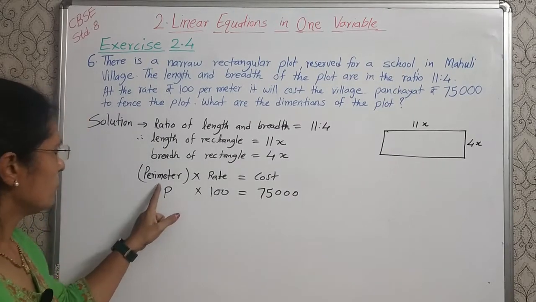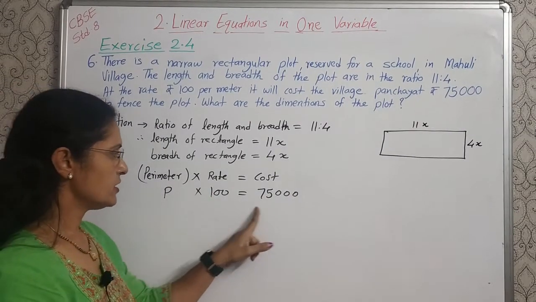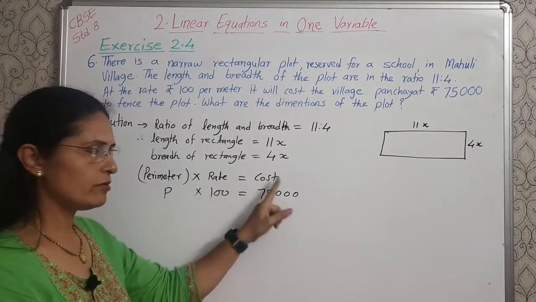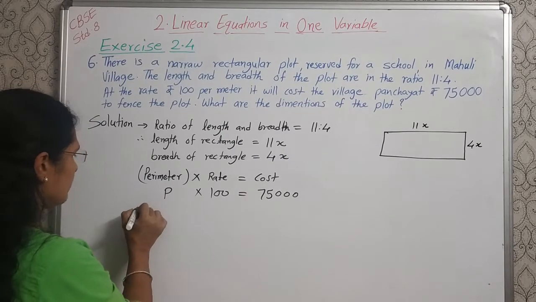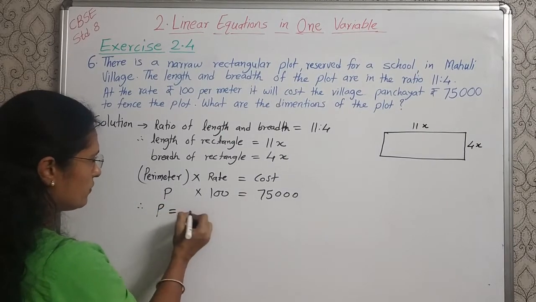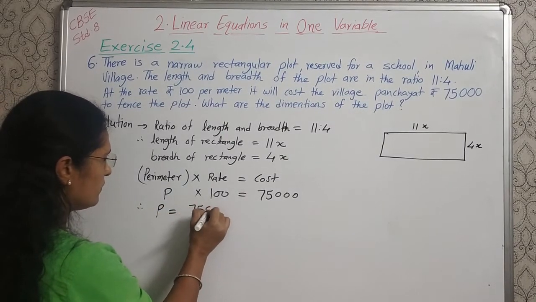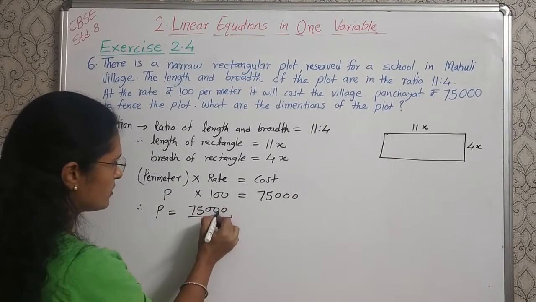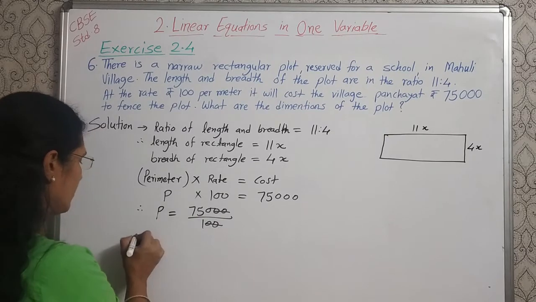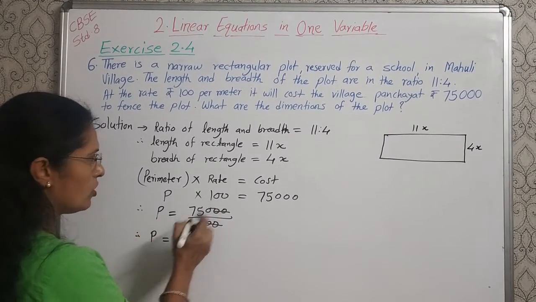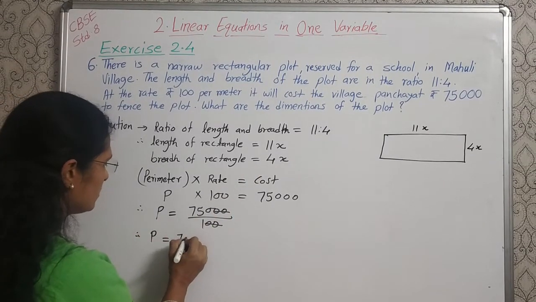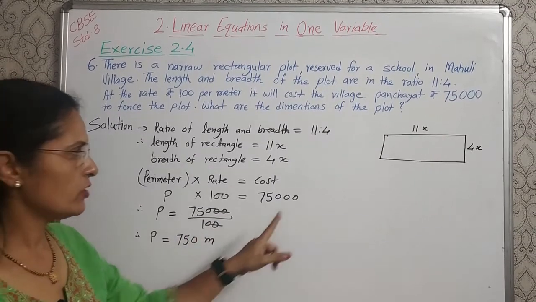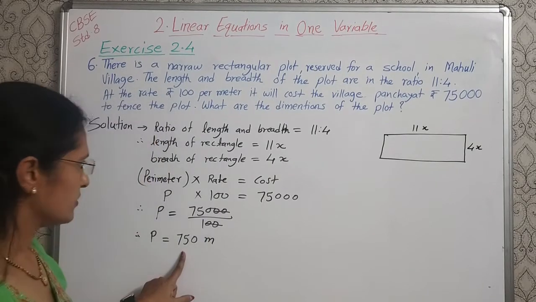Now to find the perimeter, we'll shift this 100 here. So perimeter equals cost divided by rate, which is 75,000 by 100, and after simplifying we get 750. So the perimeter of the rectangular plot is 750 meters.